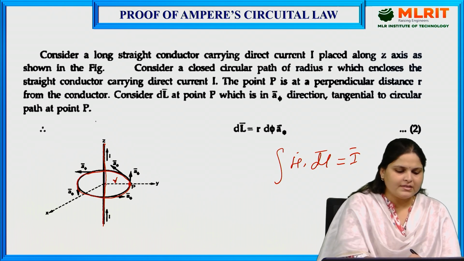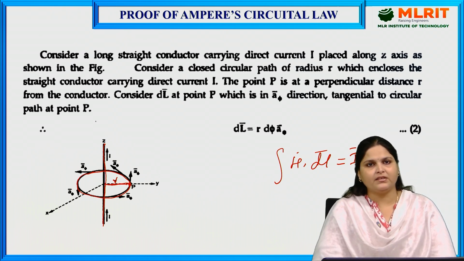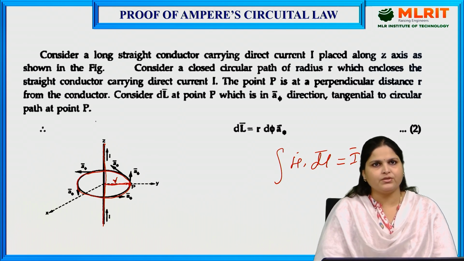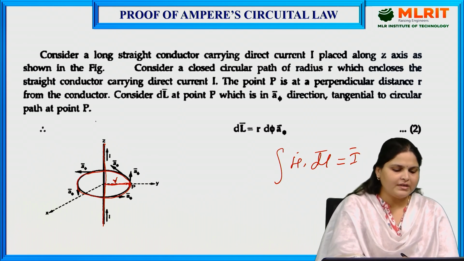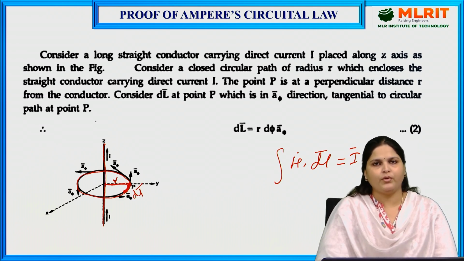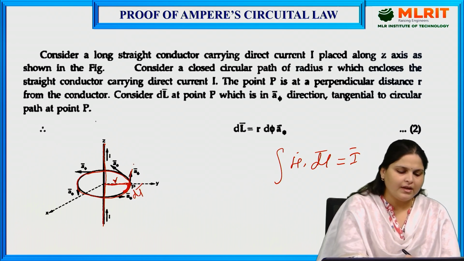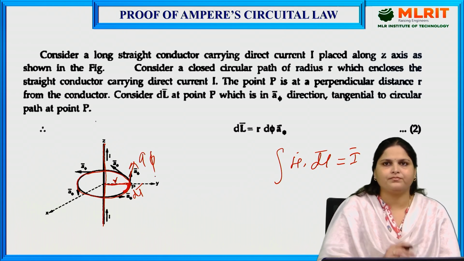It is at a distance r, which is the shortest distance from the conductor, or you can call it the perpendicular distance. And here we will consider a small portion dl on this circular path at point P, which is in the phi direction.